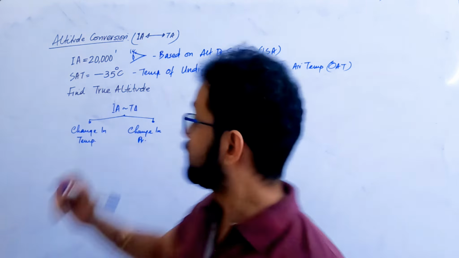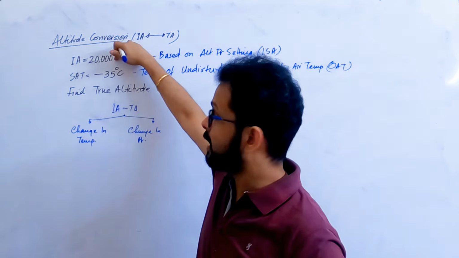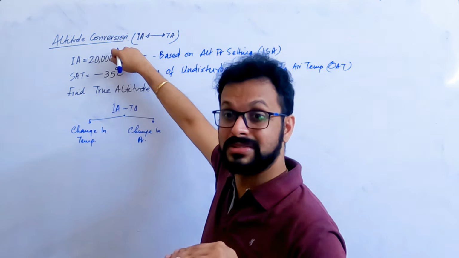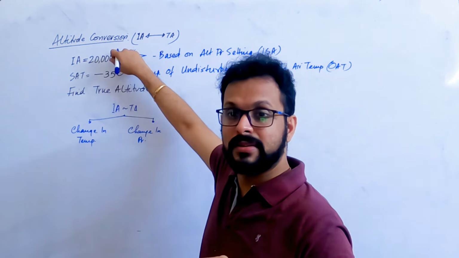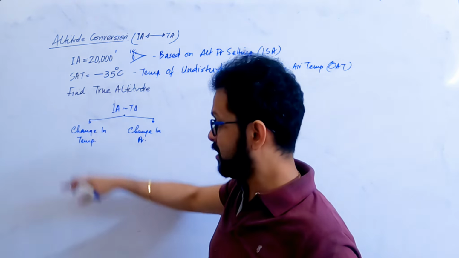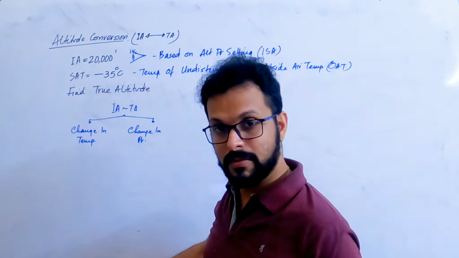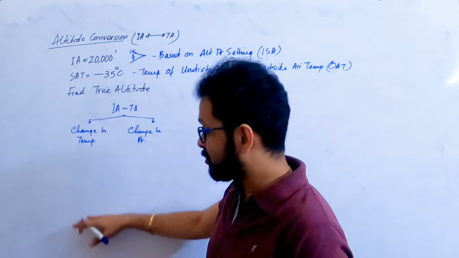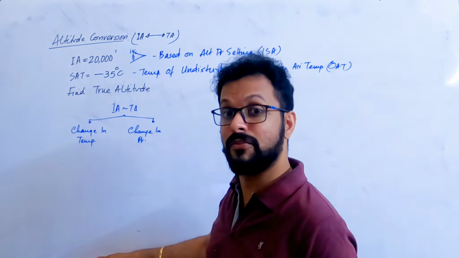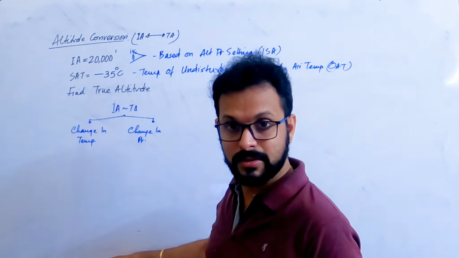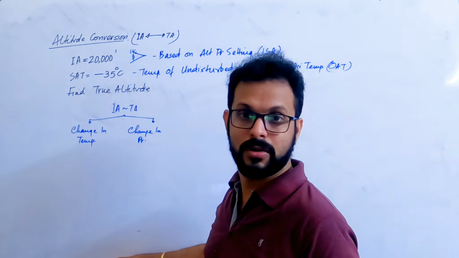When I say that the aircraft is indicating 20,000 feet above a set pressure level, under ISA that pressure level could be somewhere here, but on that particular day that pressure level might be somewhere here. So what I think I have measured from here is actually being measured from here, which I don't realize. Understood? Right?